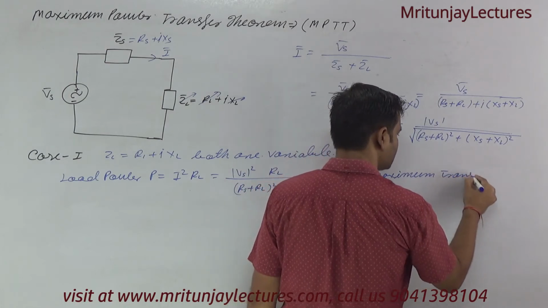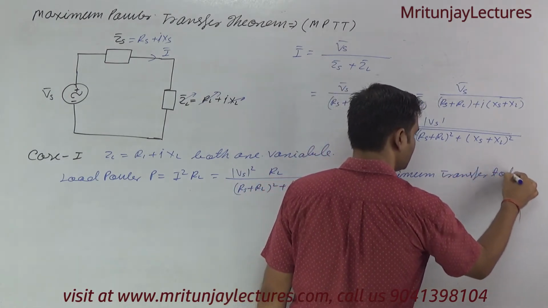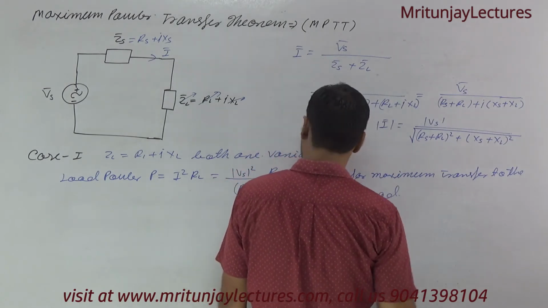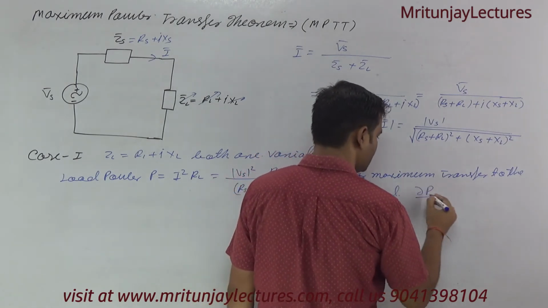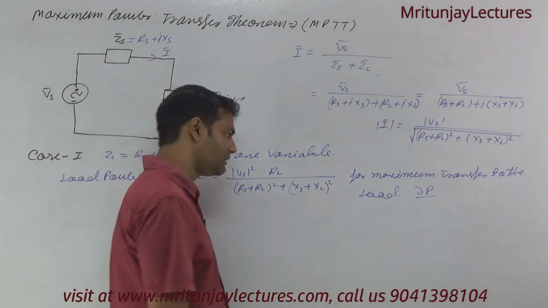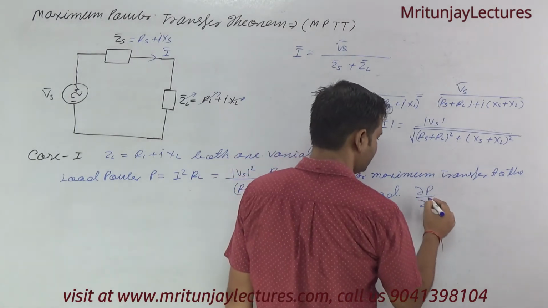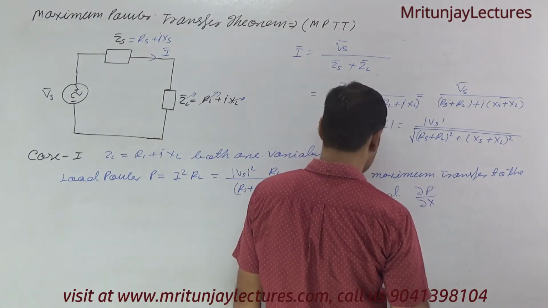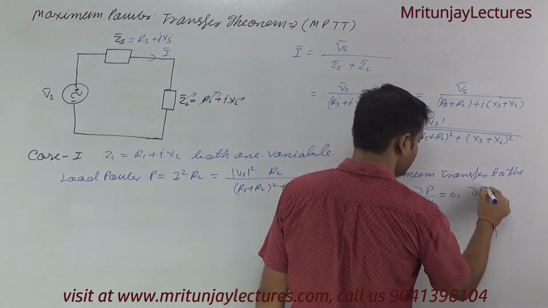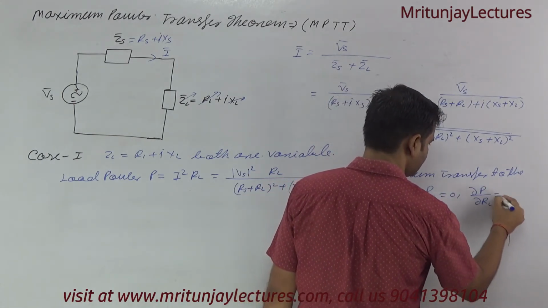Now for maximum power transfer to the load, here RL and XL both change. In that case we differentiate with respect to XL, dP divided by dXL equal to 0, and dP divided by dRL is also 0.